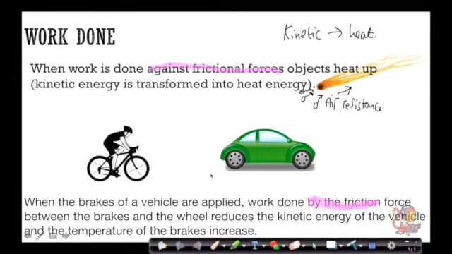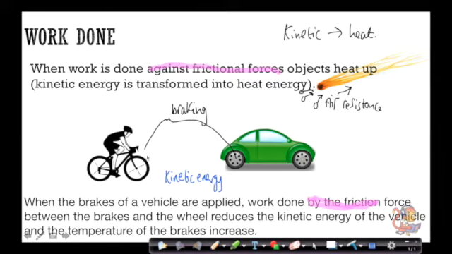So this is linked more to braking systems, whether you're braking on your bike or in your car, for example. And you're going to want to reduce the speed of that object that you're moving. So at the moment, all the time they're moving, they will obviously be transferring kinetic energy.